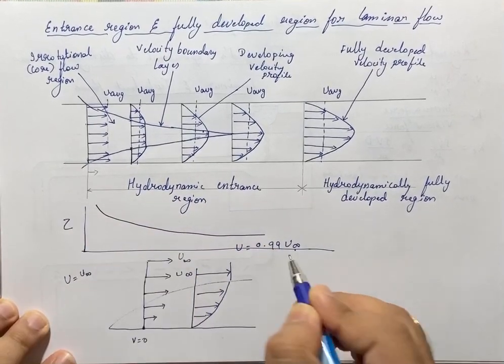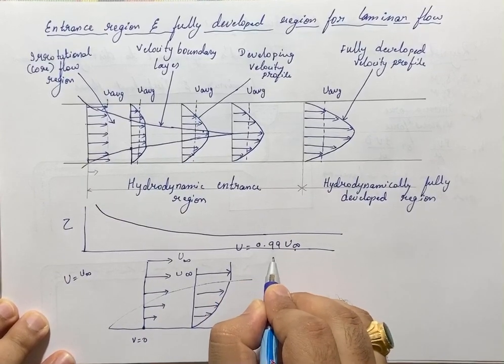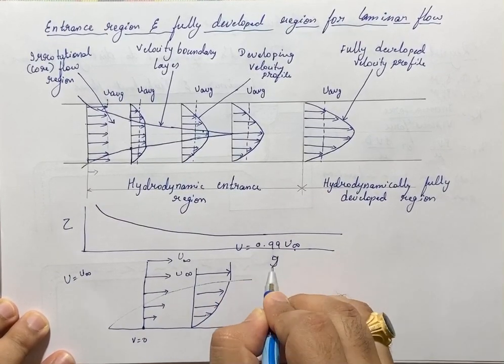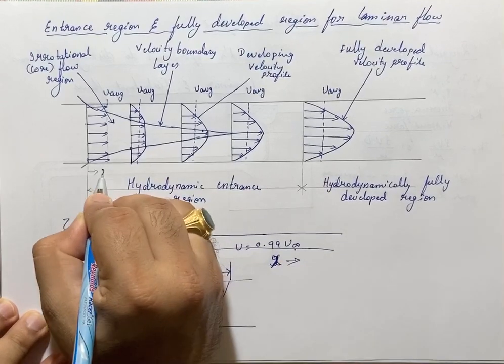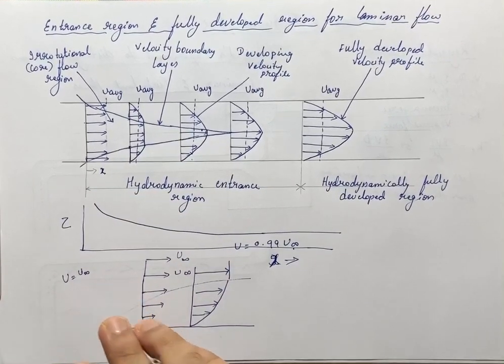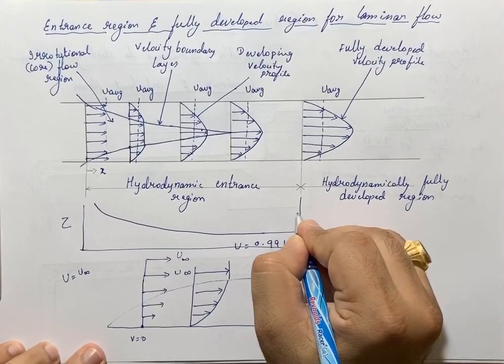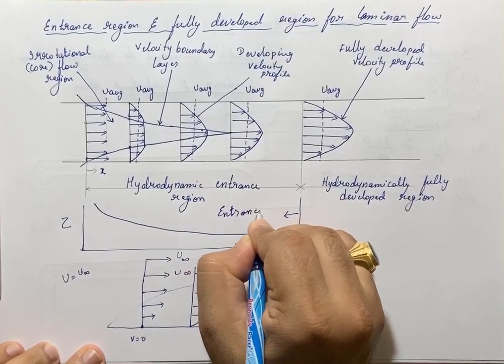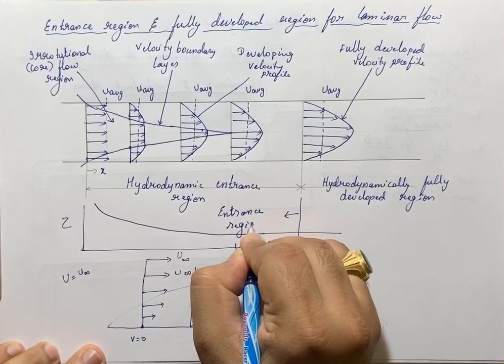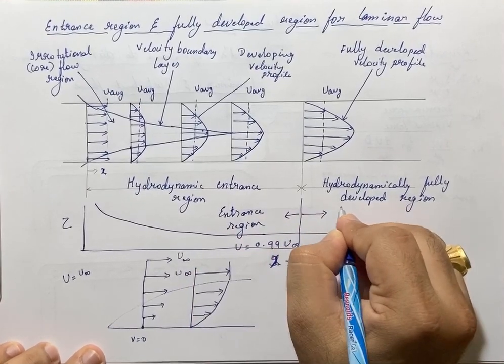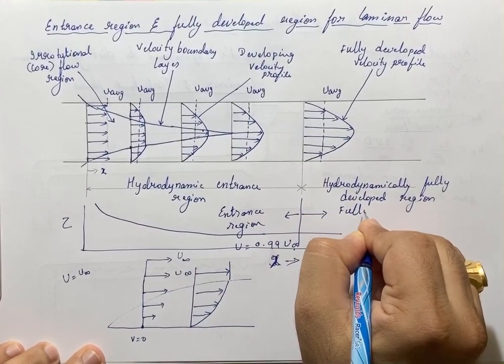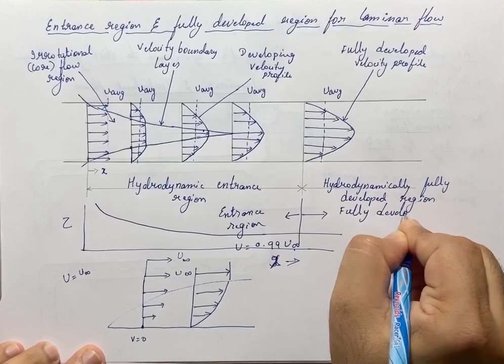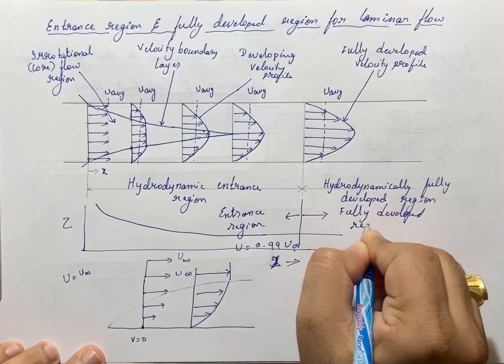This is the tau shear and this is the distance y here, right? This is x, the distance x. This is how the shear profile will be here. That means this point is the entrance region, and this side is the fully developed region here.